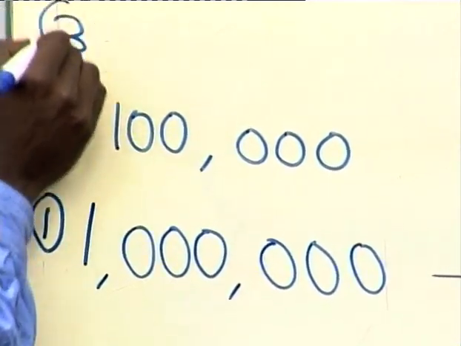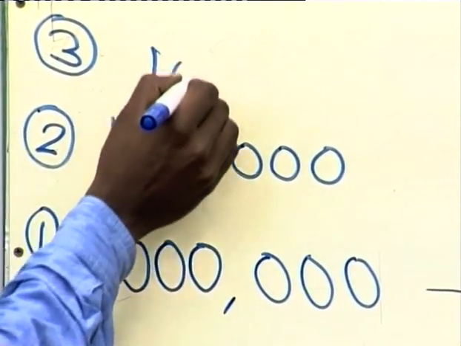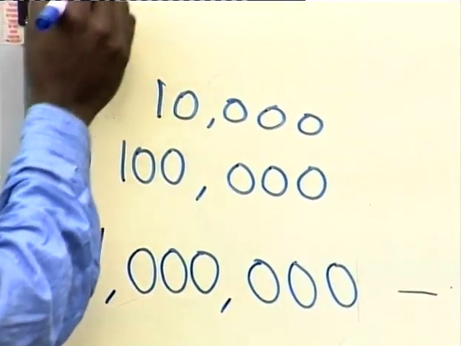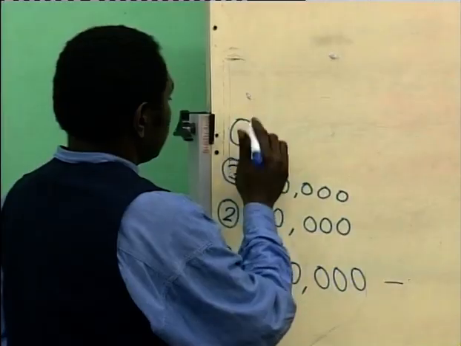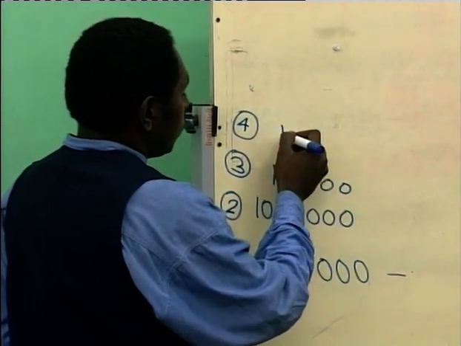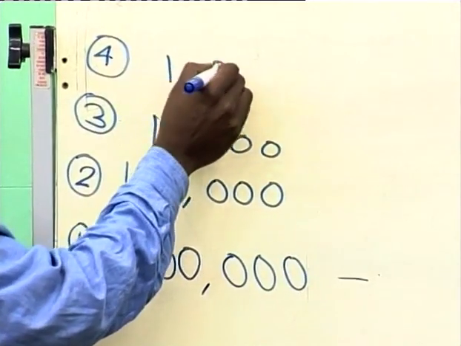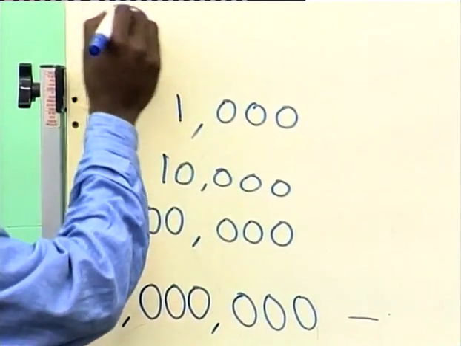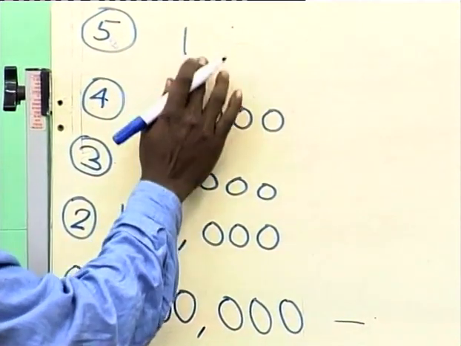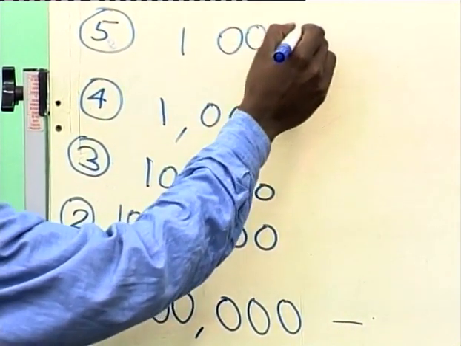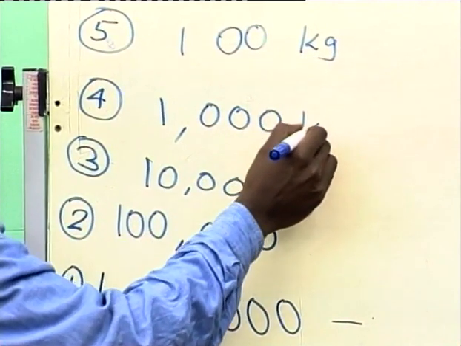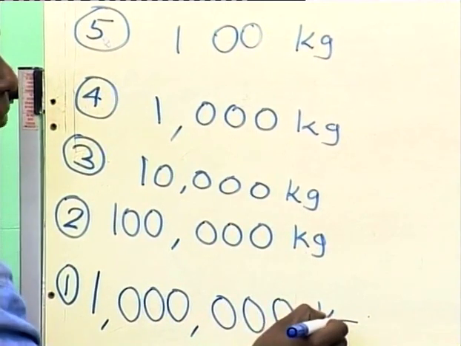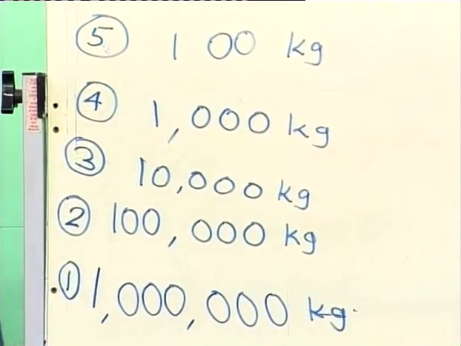And then followed by 10,000. Good. Which was followed by 1,000. And finally we had 100. And the number went down the pyramid like that.